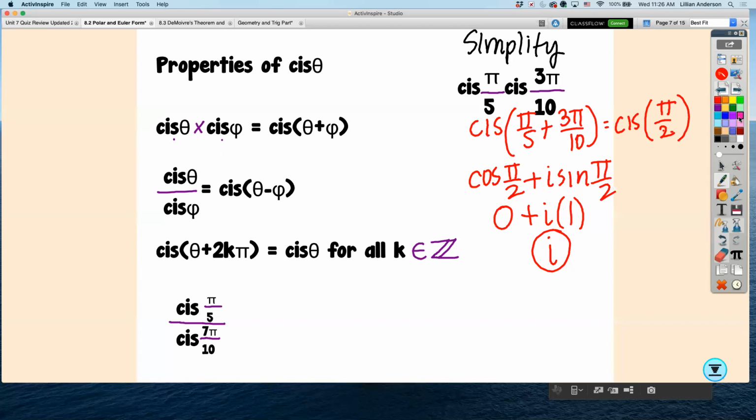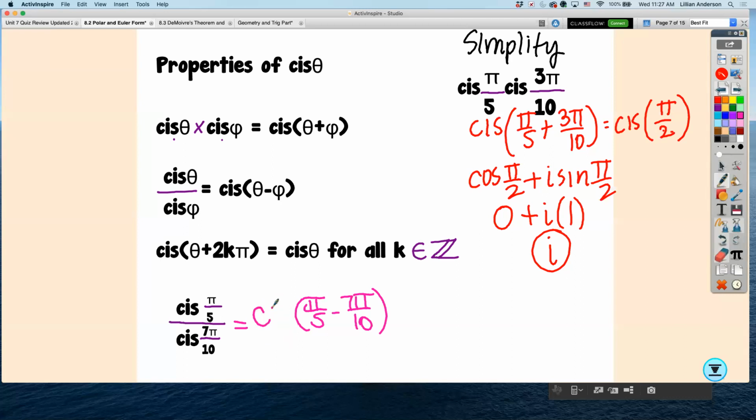All right. Division means we are going to subtract, and I'm going to subtract theta minus rho, which is the top minus the bottom. So that's pi over 5 minus 7 pi over 10. What's pi over 5 minus 7 pi over 10? Negative pi over 2.